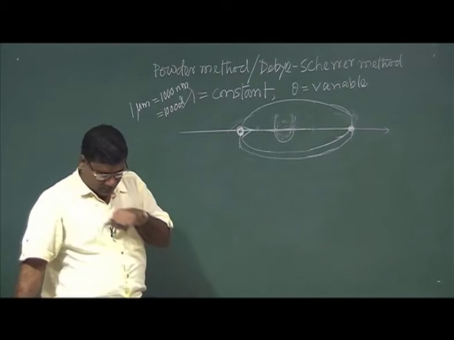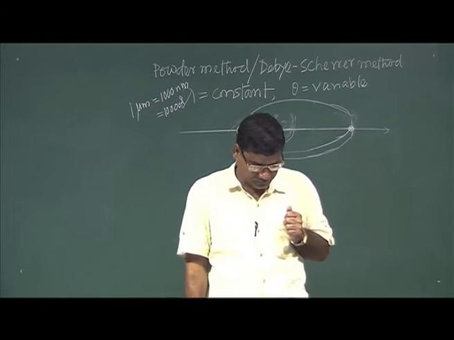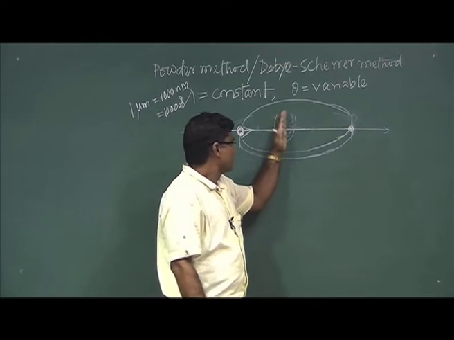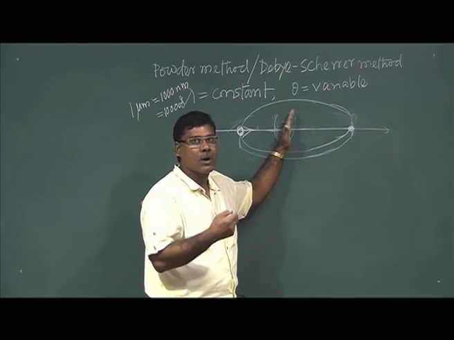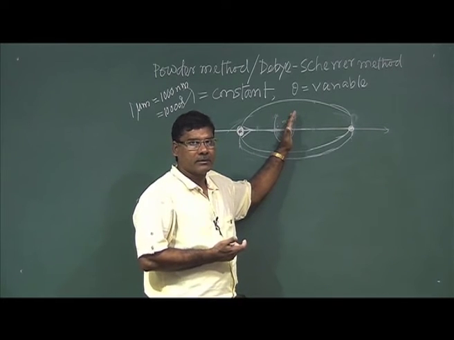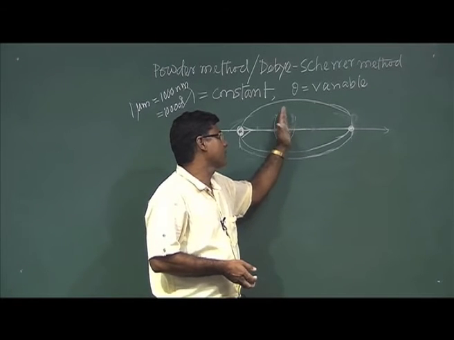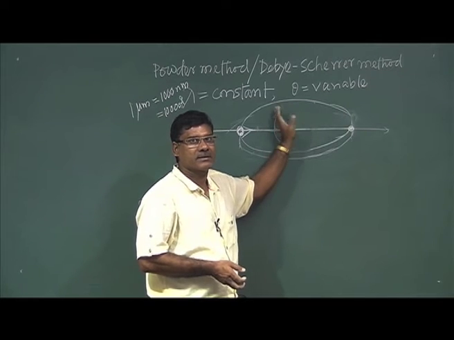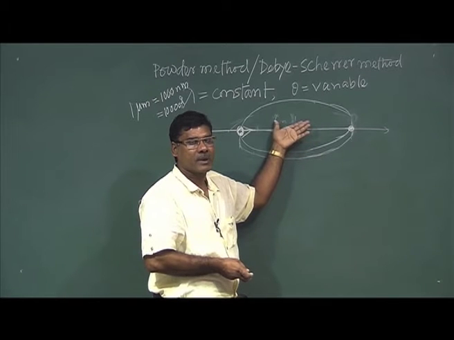Now, think that X-ray is falling, say if you consider the 1 1 1 plane. The 1 1 1 planes are oriented in all directions, right. So, that is the experimental geometry.